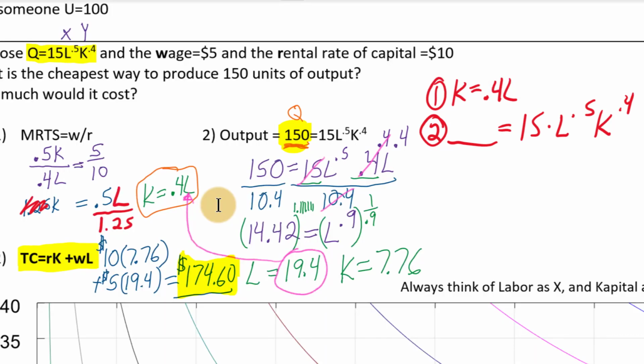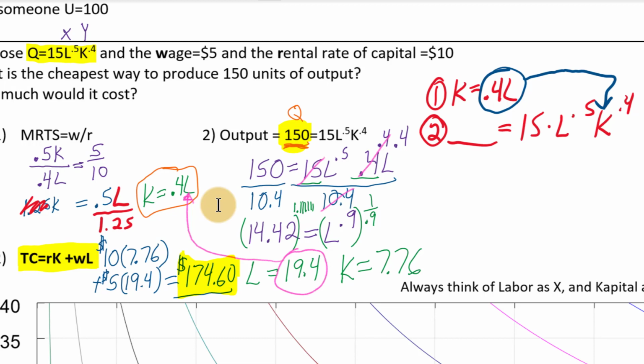And we would just solve this problem again and again. And what we would end up doing is just always plugging this 0.4 L into this second equation for K and solving for those optimal amounts.